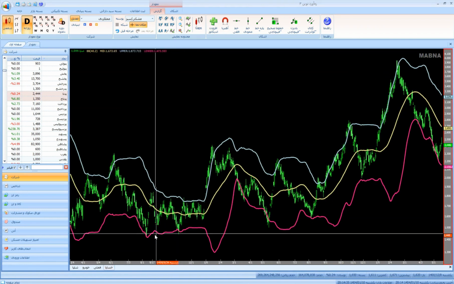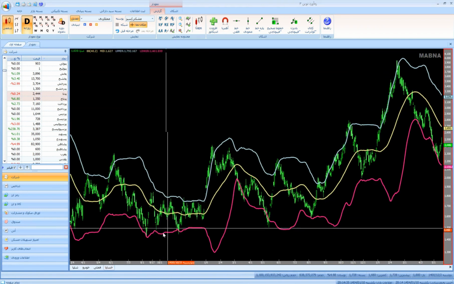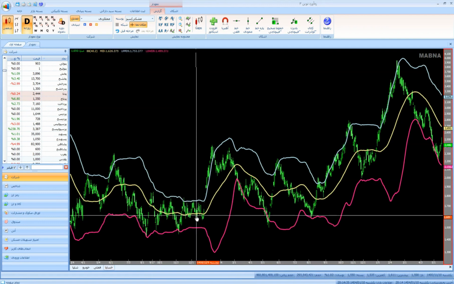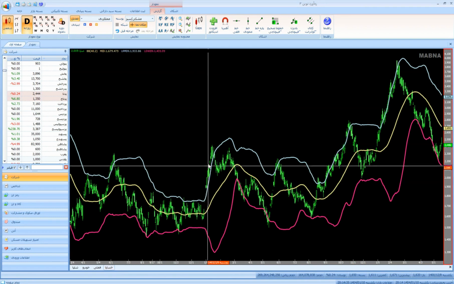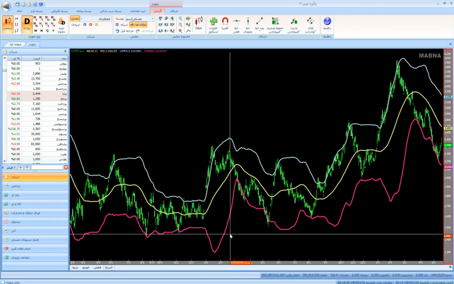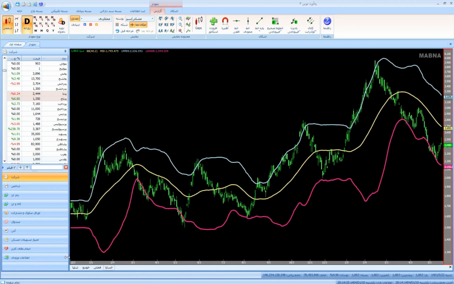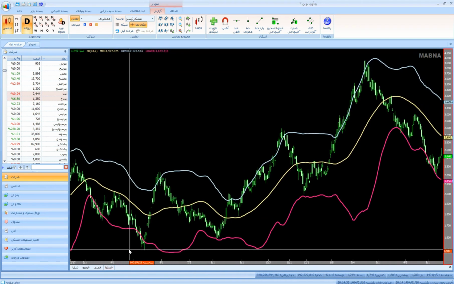Here, the chart is completely closing, meaning this tunnel that has formed is getting narrower and narrower. And in this area, when you see an upward trend again, the Bollinger Bands open up strongly and create a significant distance from each other. So, the opening and closing of the Bollinger Bands indicate whether the stock's price chart is trending or not.